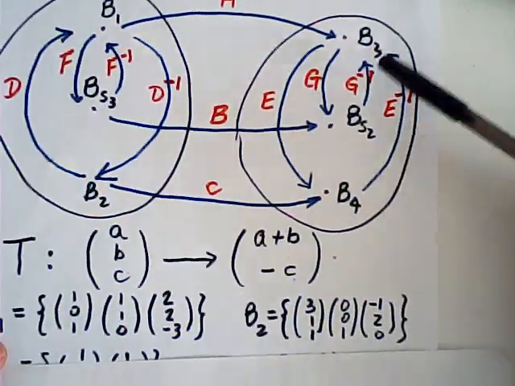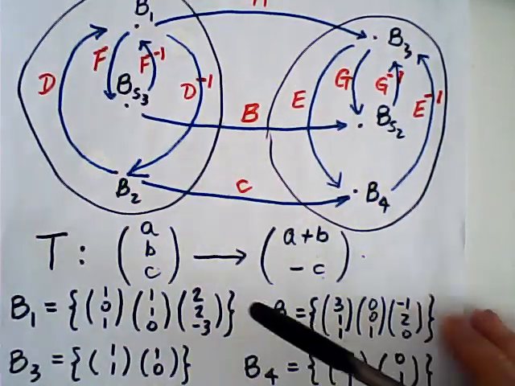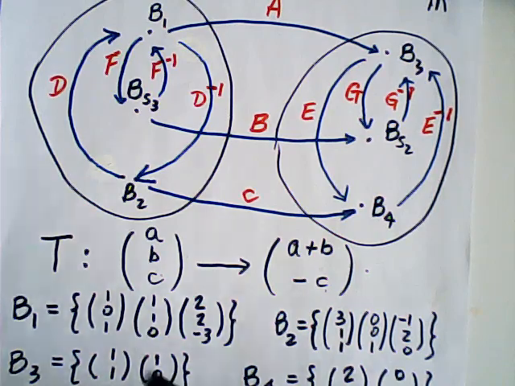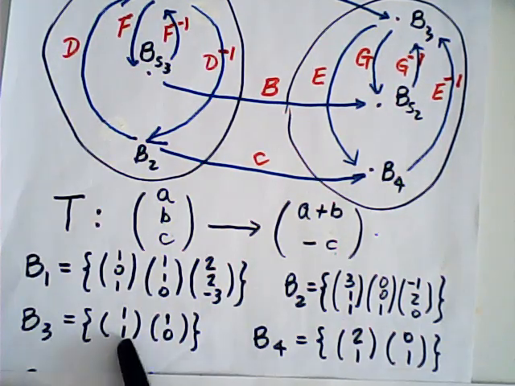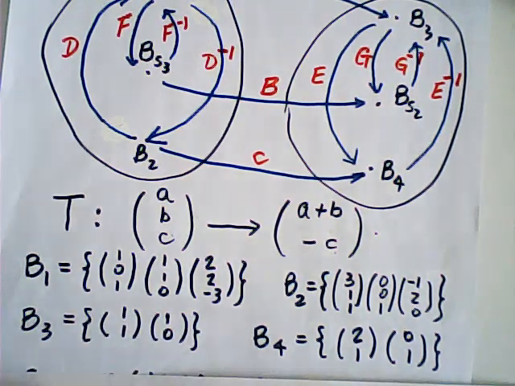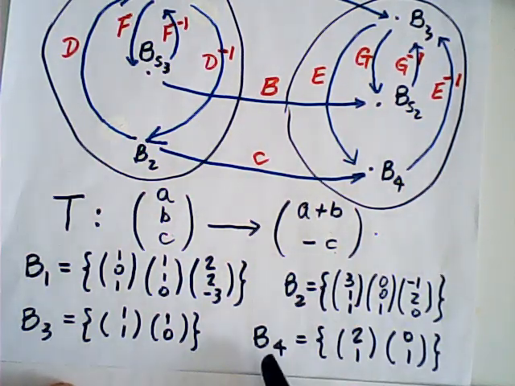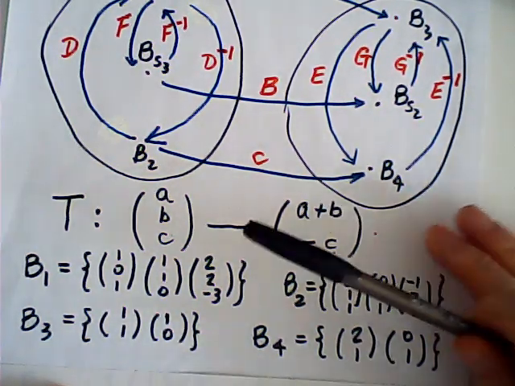For R2, I pick two bases, B3 and B4. B3 is one basis for R2 because these two vectors generate the whole space of R2, and so is B4.